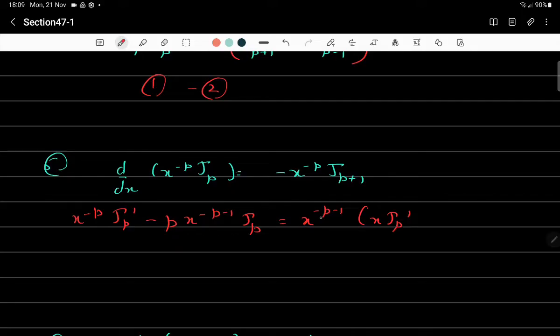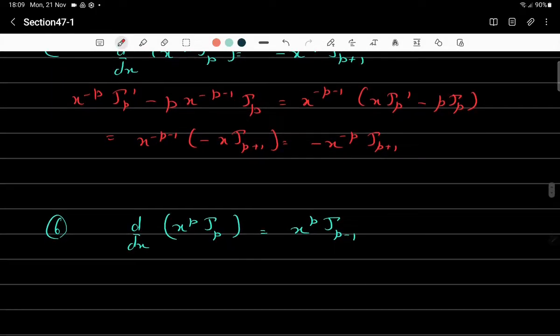So if I take x raised to the power minus p minus 1 common, then it becomes x Jp dash minus p Jp. Now from property 1, it is actually minus x Jp plus 1. So this becomes minus x raised to the power minus p Jp plus 1.